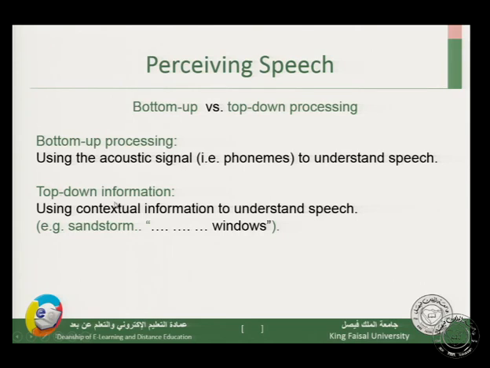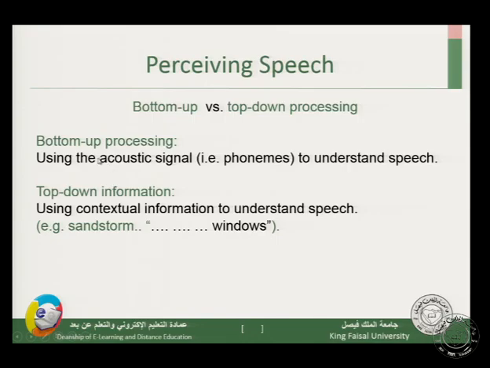This is going to help you remember or differentiate between top-down and bottom-up. Top-down begins with T, the context ends with T. So this helps you remember that the contextual information is top-down information.